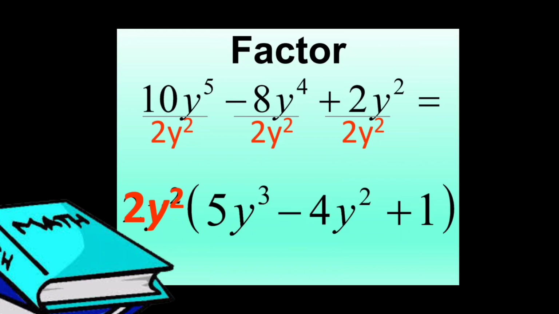Then 10y to the fifth power divided by 2y squared is 5y cubed. Negative 8y to the fourth power divided by 2y squared is negative 4y squared. And 2y squared divided by 2y squared is 1. So our factored form is 2y squared times the quantity 5y cubed minus 4y squared plus 1.